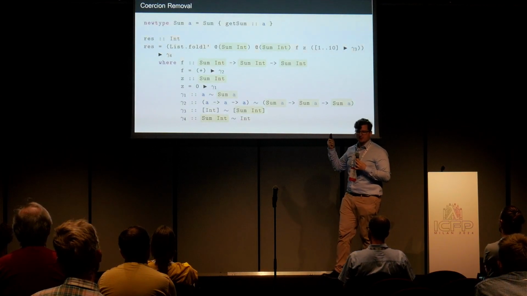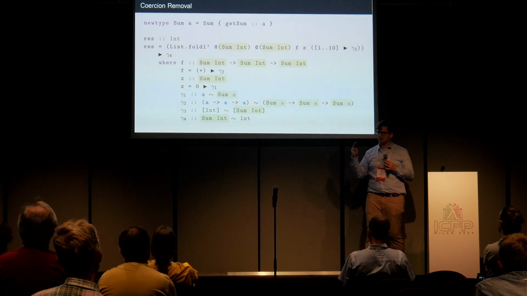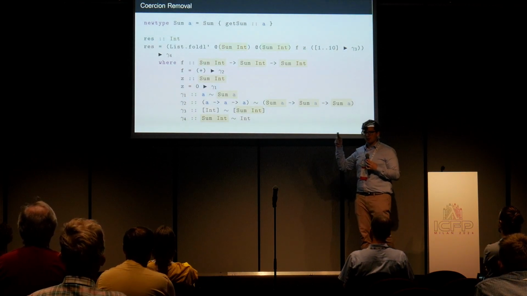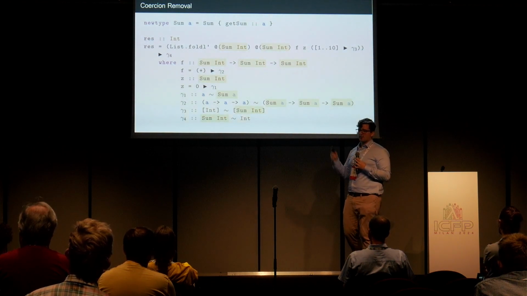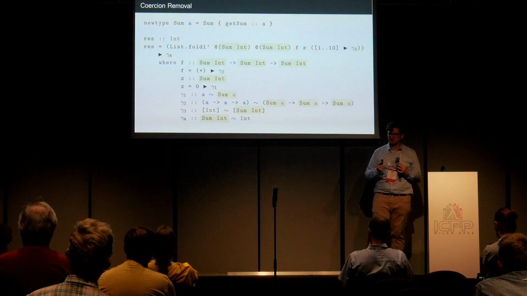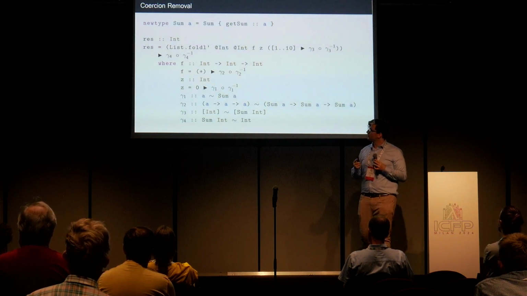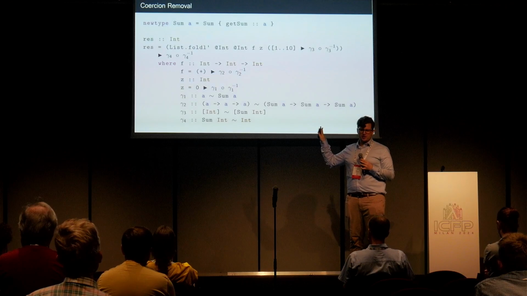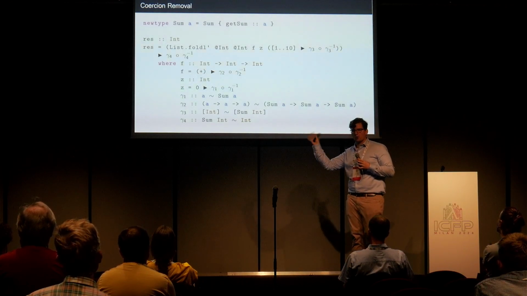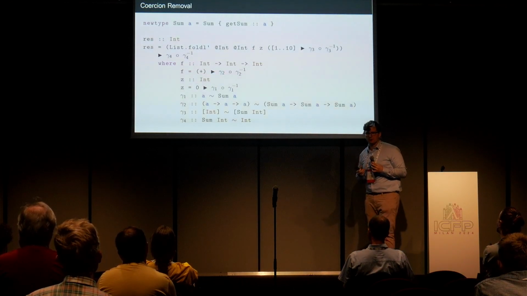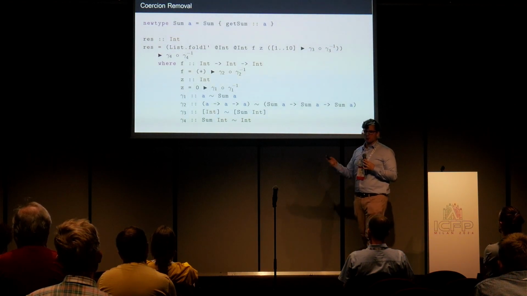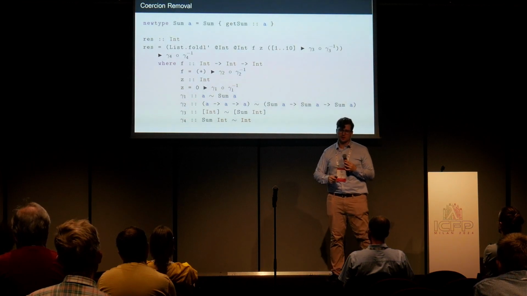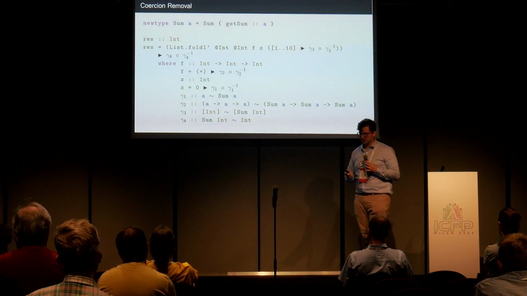I guess the fact that it's an integer probably doesn't matter here. But because it's fully saturated, you can generate coercions for each one of these types and just apply them in reverse. So something that might generate code somewhat like this, where you can coerce everything from the sum back into an int, in which case you generate all these coercions, but importantly, these coercions are inverses of each other. So we might be able to just cancel them out.